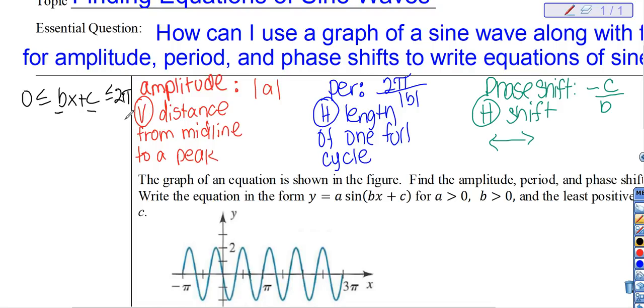We did use that often to find our phase shift and our period change at the same time. So we can also rely on this formula to help us identify B and C. So I'll show you two alternate ways to do what we need to do.